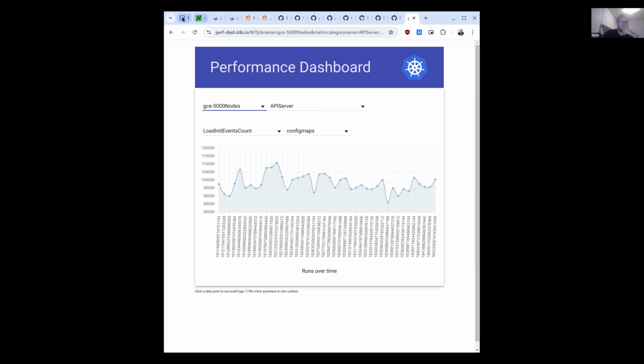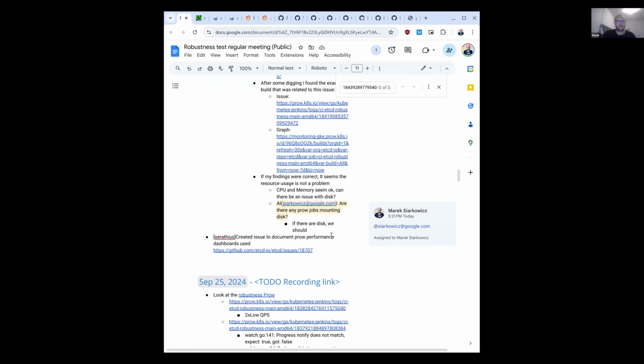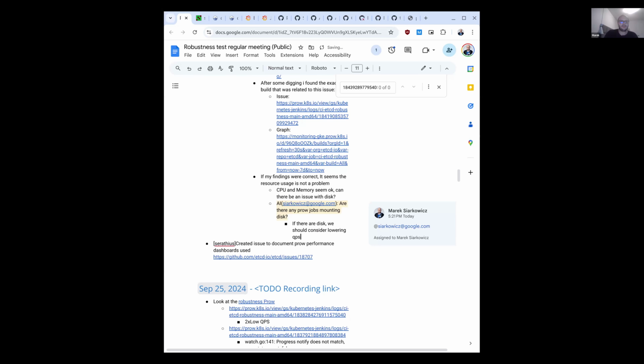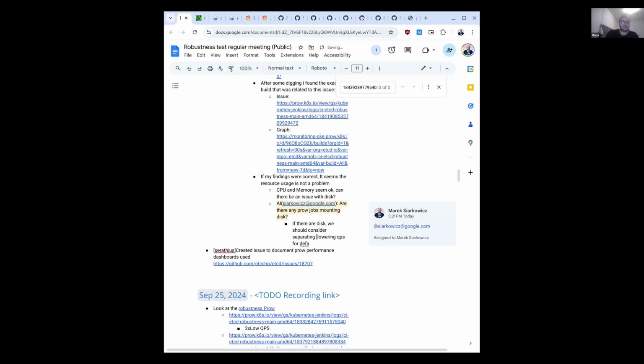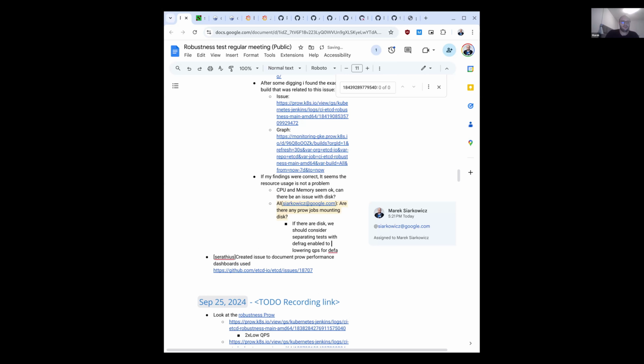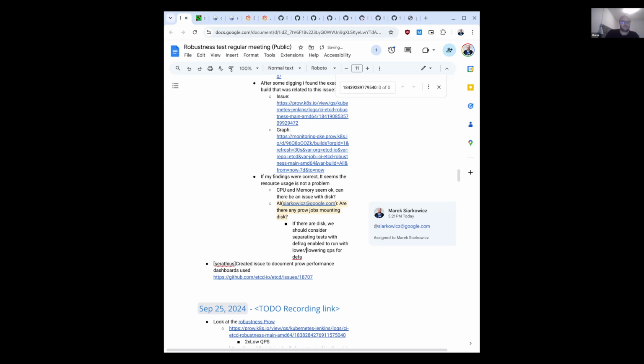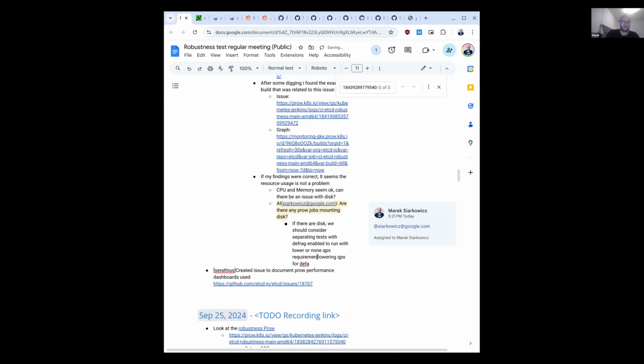My conclusion is that we should consider lowering QPS for defrag, or we should consider separating the tests with defrag enabled to run with lower or no QPS requirement.